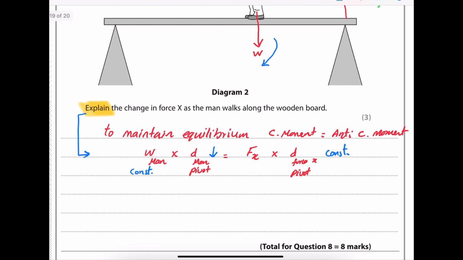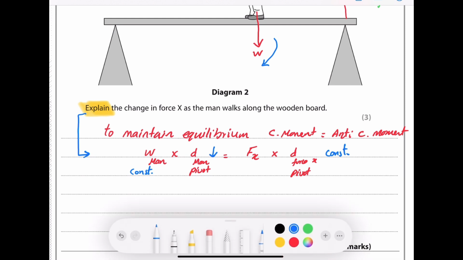So the value of this force must decrease as well, because the weight of the man is moving away from the right side, or the support, so the force F of X is going to be less.